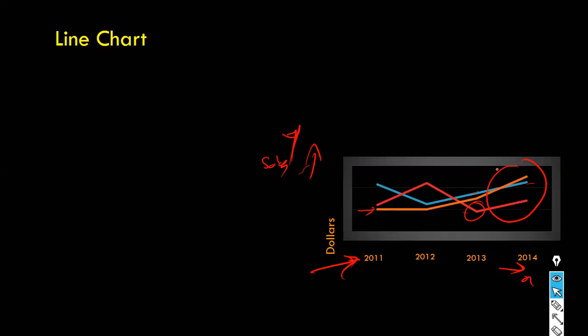Got it? So line charts have an X and Y axis, and you can have multiple lines in a line chart. But if you have too many categories in a categorical column, then you cannot go for a line chart. It will be too cluttered. For example, country is a categorical column.